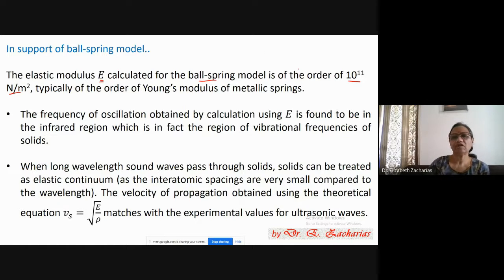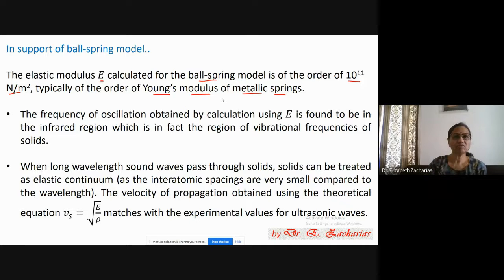It comes to around 10 to the power of 11 Newton per meter square, which is the order of Young's modulus of metallic springs. So this modeled and estimated elastic modulus is of the same order as the Young's modulus of metallic springs. That means we are not really off the mark.